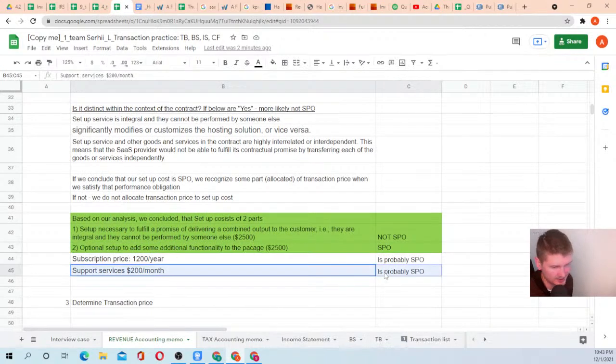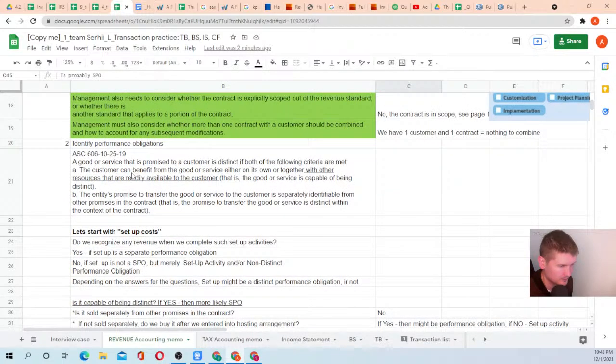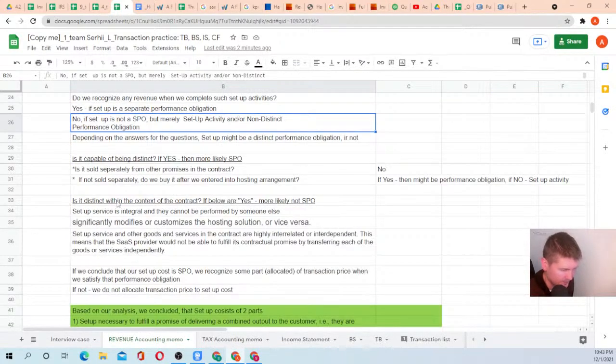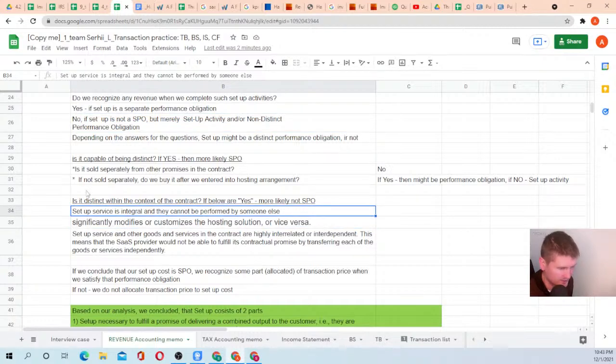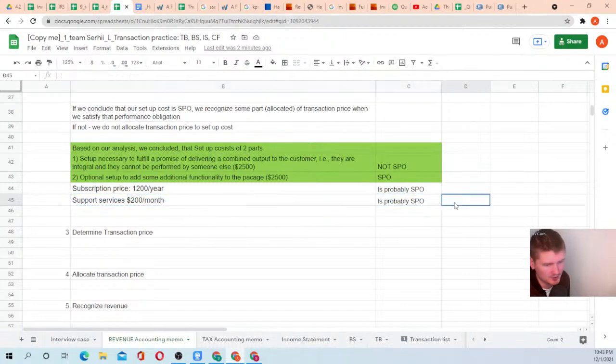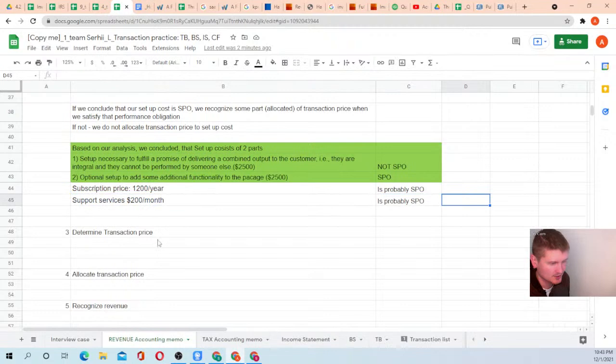So if we sell support services separately, and if they provide some additional value for us, and if they can be performed by someone else, then we can probably conclude that these are a separate performance obligation. So if we can use the subscription without these services, and if we buy these services because they provide value for us, then these are SPO too.